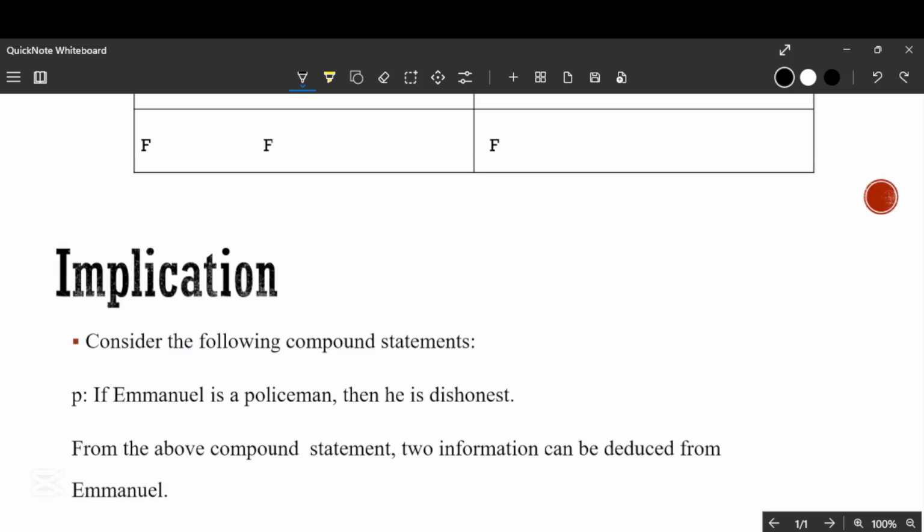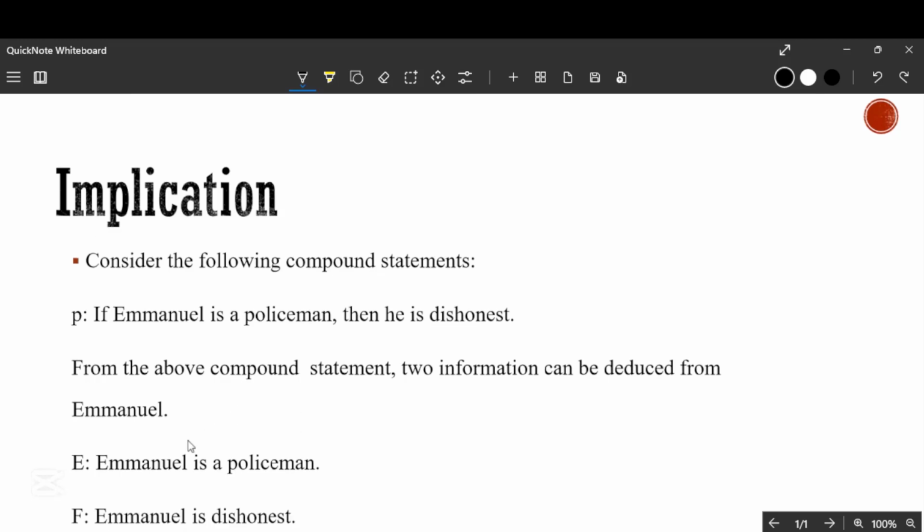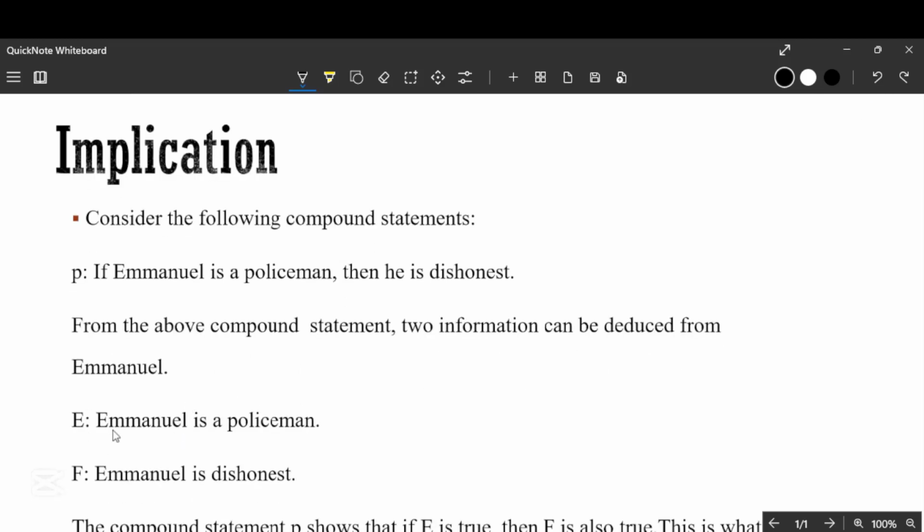Let's look at implication. Consider the following compound statement: if Emmanuel is a policeman, then he is dishonest. From the above compound statement, two pieces of information can be deduced about Emmanuel.